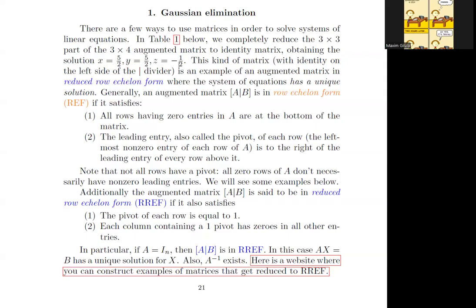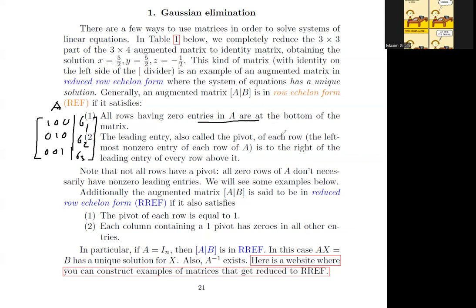So why is that? Let's draw a picture. So if I have 1, 0, 0, 0, 1, 0, 0, 0, 1, and anything here, maybe it's just a column, maybe it's more than one column, then all rows having zero entries are at the bottom. Well, there's no zero rows, so that doesn't apply. So that is true.